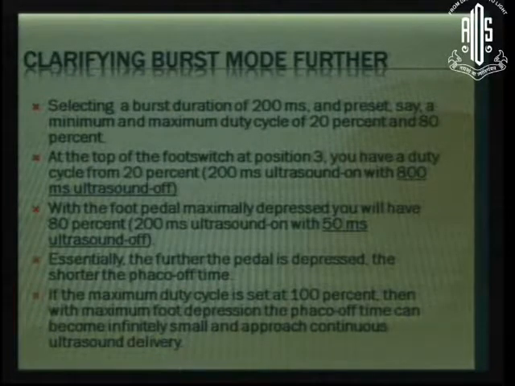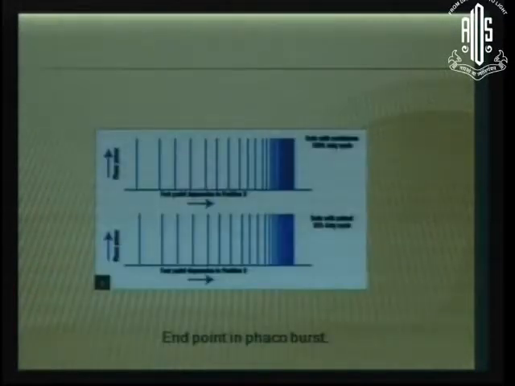I won't go into the science of that part, but just to give you this little diagram, essentially what you are looking at is that if you use a continuous burst mode in the same amount of quantum, if you utilize a 50% duty cycle, then the energy which you utilize becomes much less.